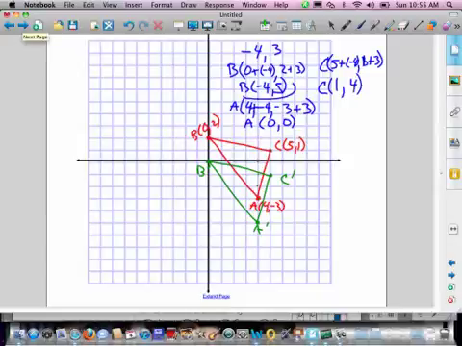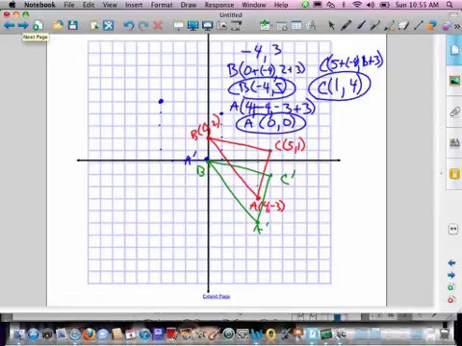So here's my B, here's A, here's C, so I can put those in now if I want to. A is 0, 0, that's A prime. B is negative 4, 5: left 4, up 5, 1, 2, 3, 4, 5. And C is 1, 4, 1, 2, 3, 4.